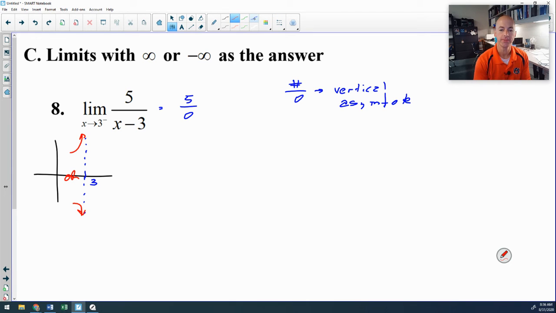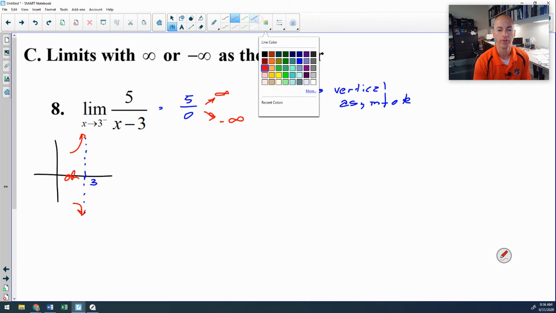And so this means that since this is a one-sided limit, we're not looking at both sides, this answer will be either infinity if the function is going up, or if the function is going down on the left side of that asymptote, it's negative infinity. So we need to determine what is the behavior at that asymptote. And the way I do that, and there may be other methods, but all we have to do is determine if we have a positive or a negative value.